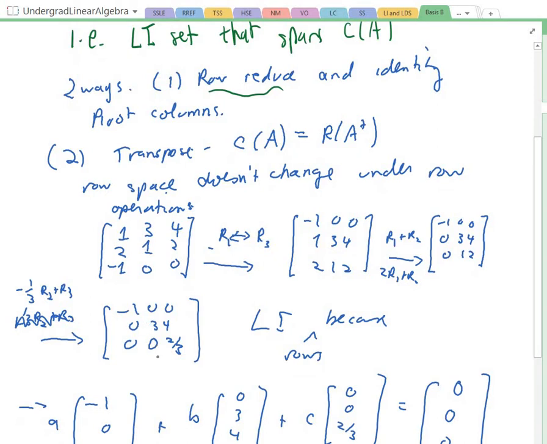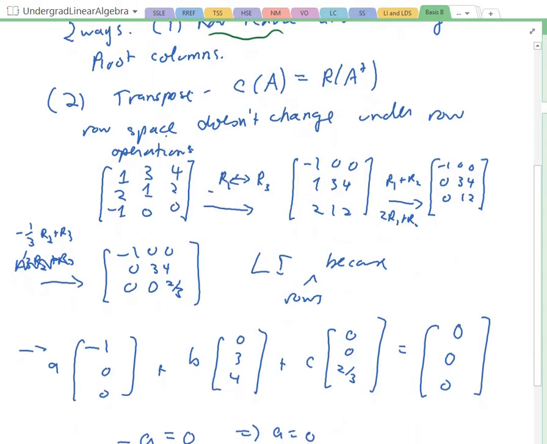Now, you could continue to row reduce. However, I can tell that these three row vectors are linearly independent. How can I tell that? Well, if you try to form a linear combination of these three rows, which I've done here below, and you try to find a, b, and c that gives me 0, 0, 0, look at the first component.